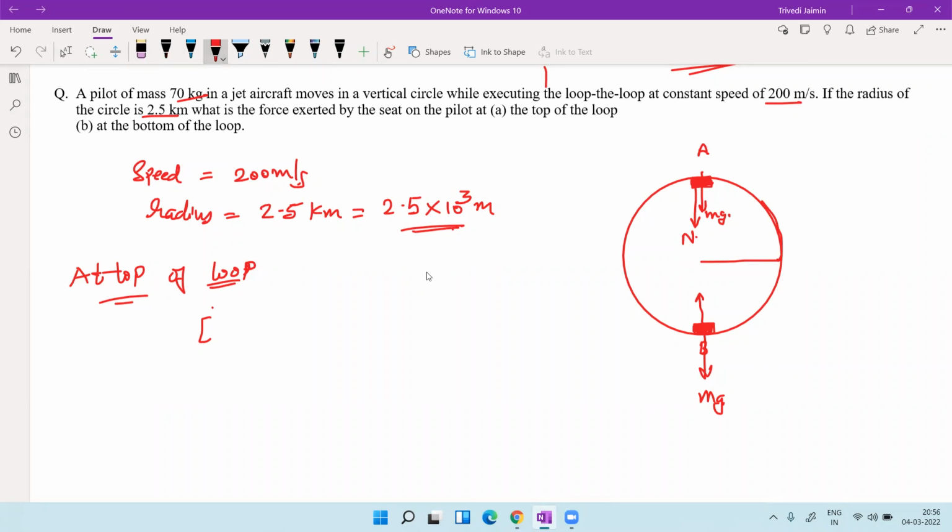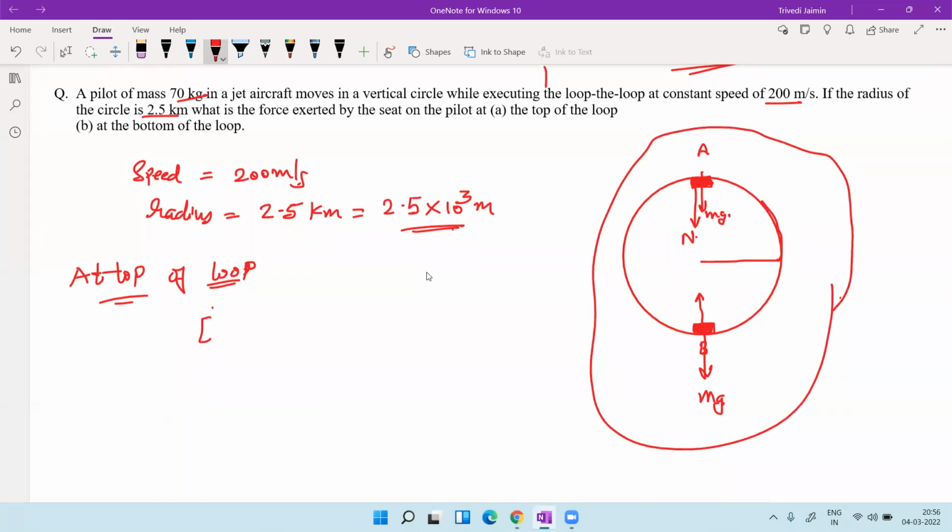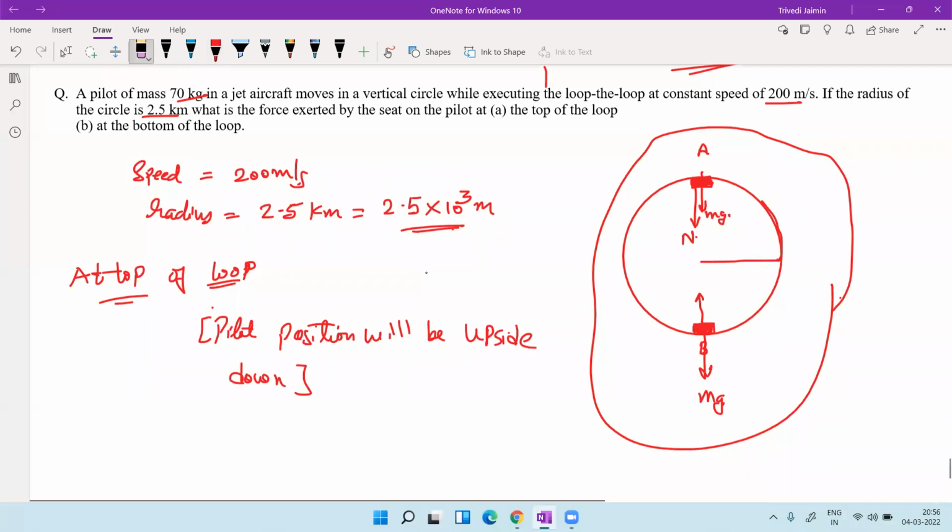Let's go with the question itself. A pilot was sitting here and it is revolving like this. Then at this point A, the pilot's position will be downward. He will be facing downward, upside down.